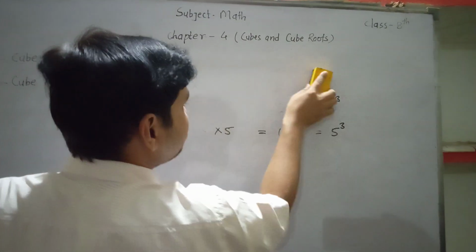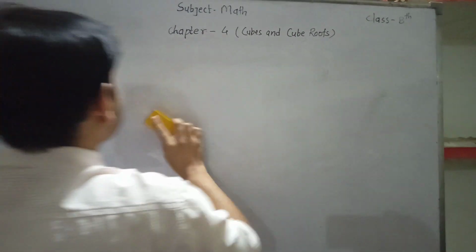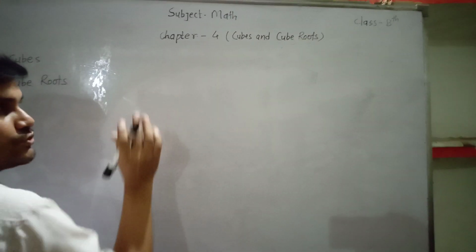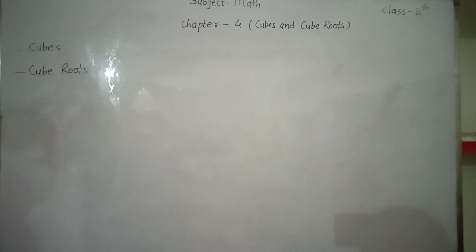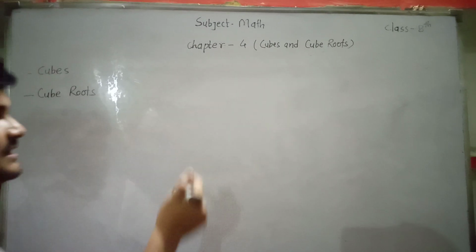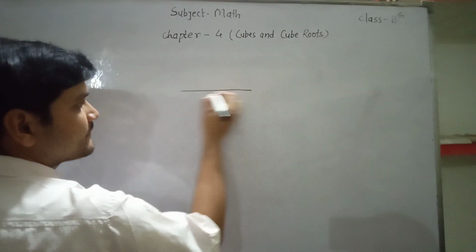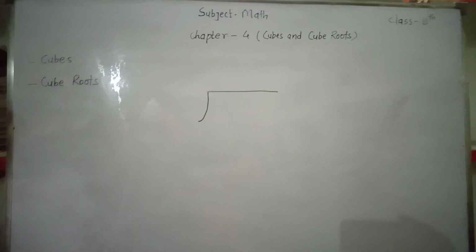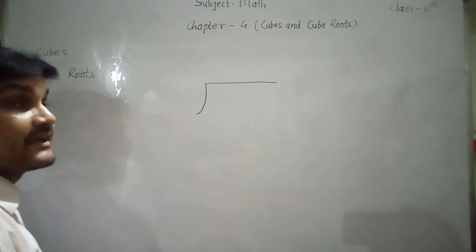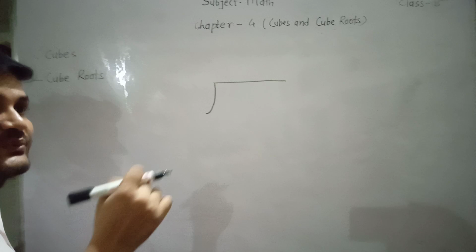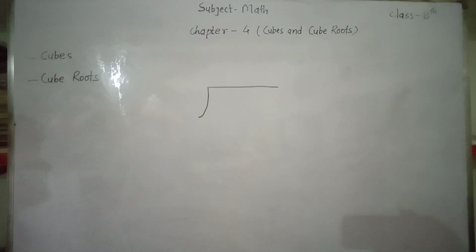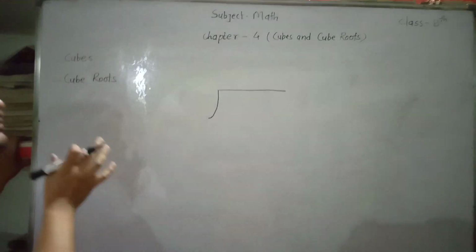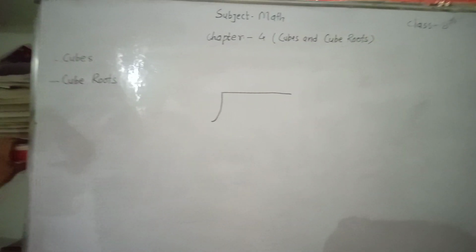Now we are discussing about the cube roots. So the definition of the cube root is that if any number is divided by another number and we get the square of the divisor as the quotient, then the divisor will be the cube root of the dividend.